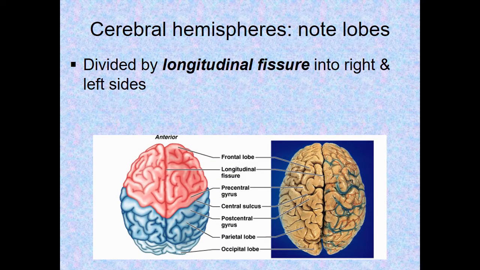The forebrain consists of the cerebrum, and the cerebrum itself is made up of two halves, and each half is known as a cerebral hemisphere. You can see here these are the cerebral hemispheres, in which a ridge divides the cerebrum into two halves.